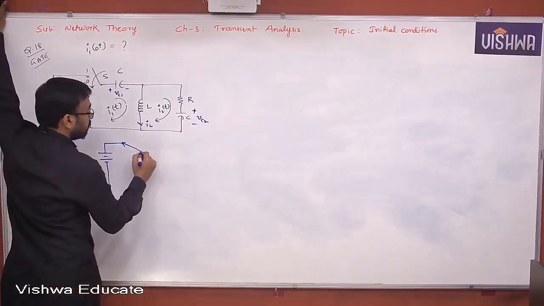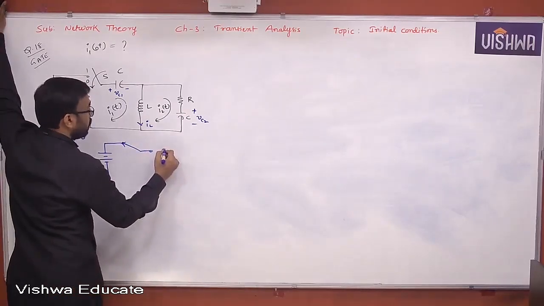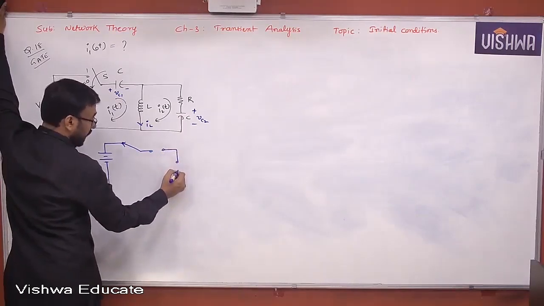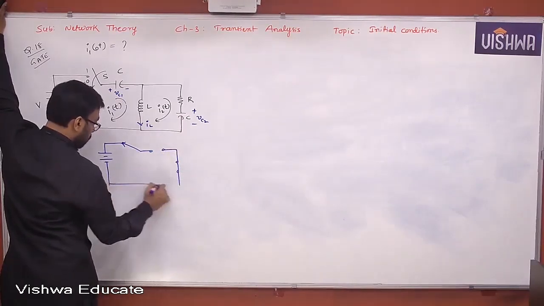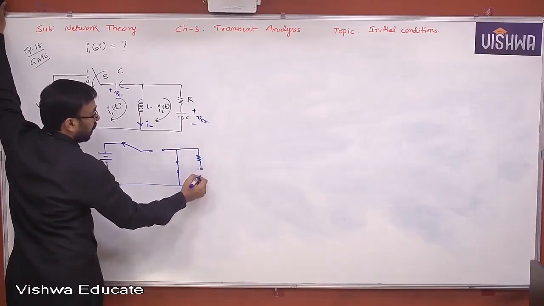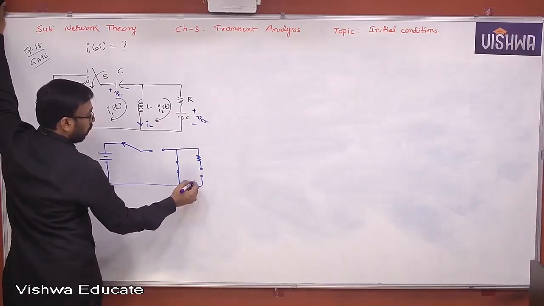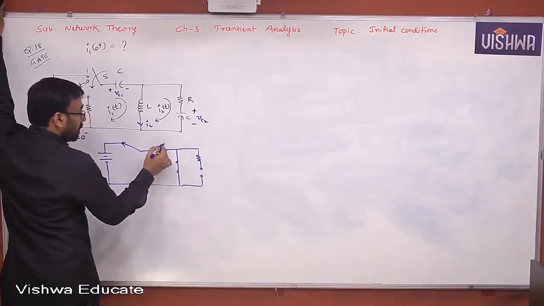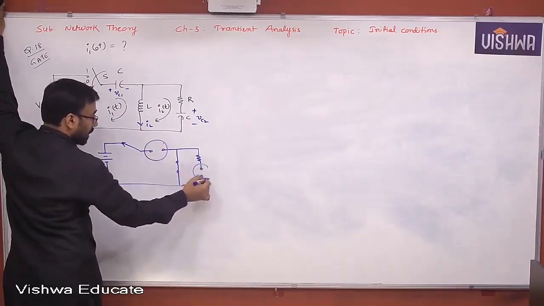Acting like open, acting like short, and acting like open. Now this is a capacitor. This is also a capacitor. This is an inductor.